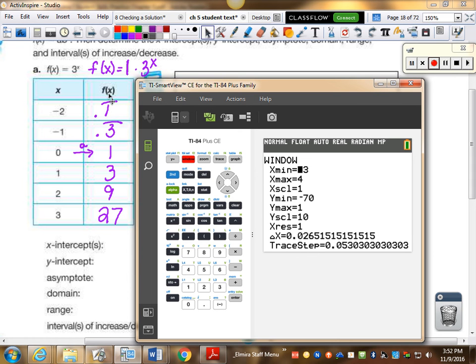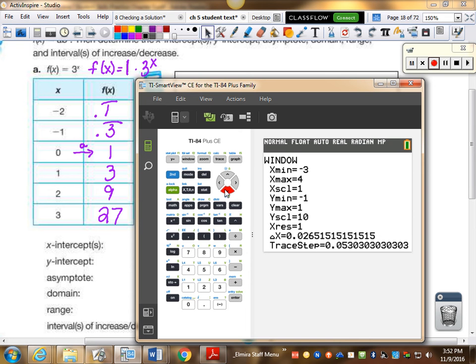My rule of thumb is I know these numbers are going to get smaller and smaller. I always set my x minimum and x maximum to be 1 more than what it is in the chart. So if my lowest x value in the chart is -2, I'll set it to -3. My x max I'm going to put as 4, count by ones. Y minimum I'm going to set as -1 so that I can see the x-axis, so it's not resting on the bottom of the screen.